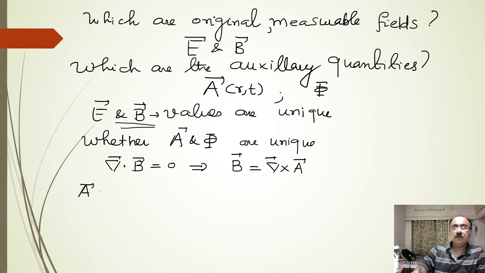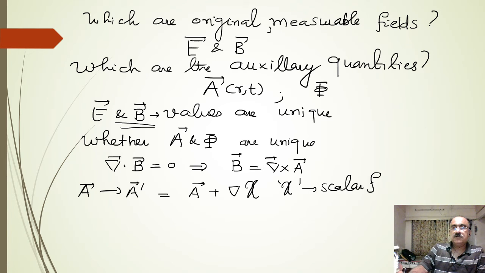A can be changed to A dash without changing B only up to the extent of adding a gradient of a scalar field. So let A be changed to A plus gradient of chi, where chi is a scalar field.